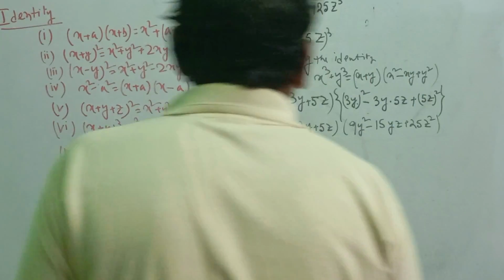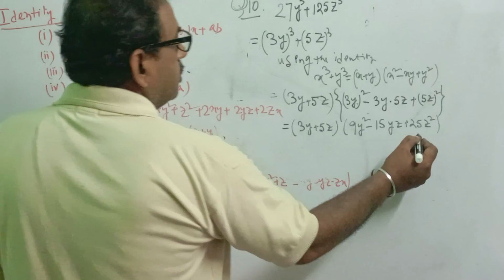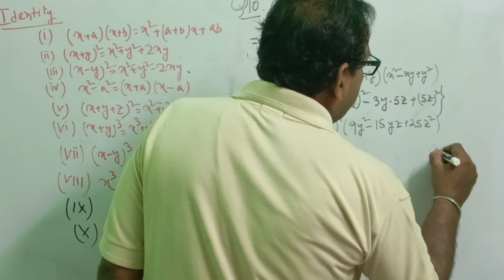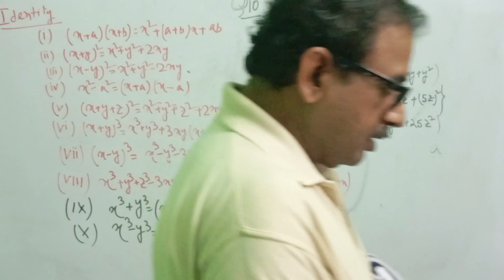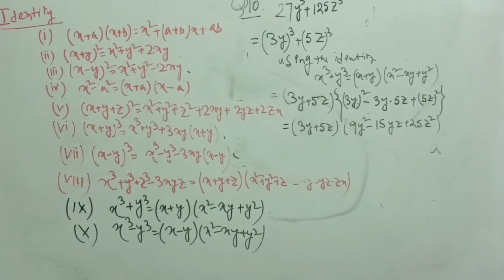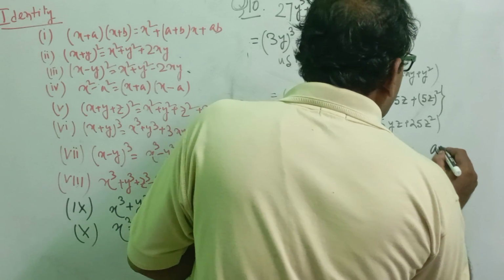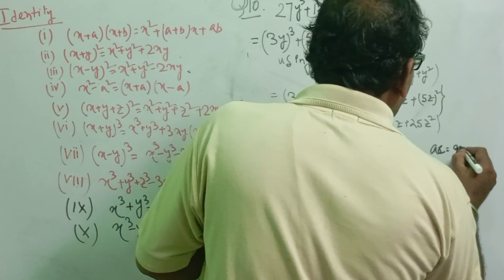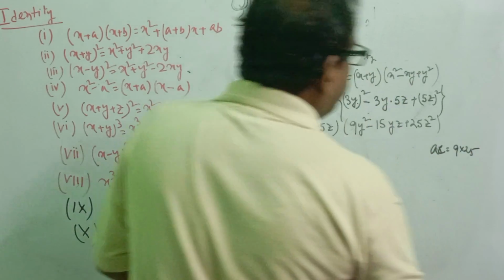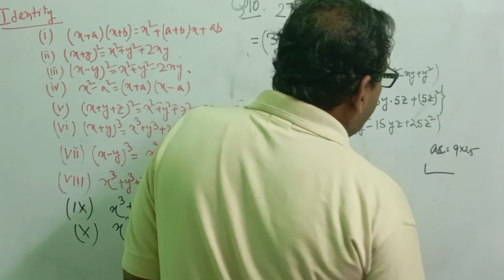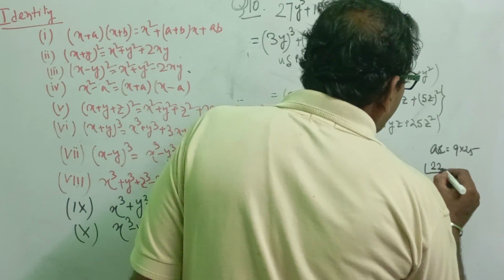What is the factorization theorem? The middle term: a into c. What is ac? 9 into 25, which is 225.